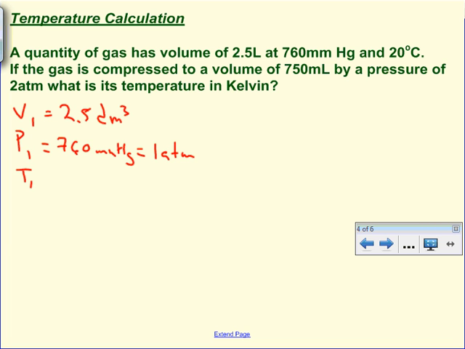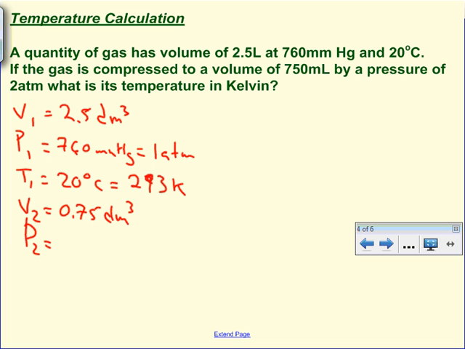My T1 is 20 degrees Celsius, and that's equal to 293 Kelvin. My V2, well, it's 0.75 dm cubed. My P2 is 2.0 atmospheres. And I'm trying to find the new temperature, so I don't know what that is.